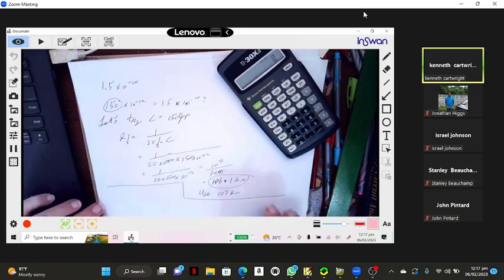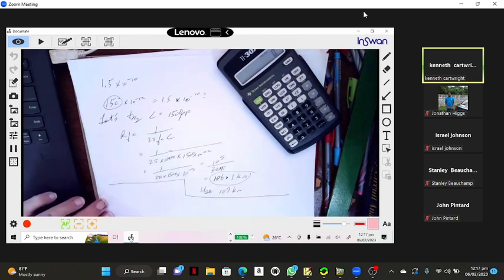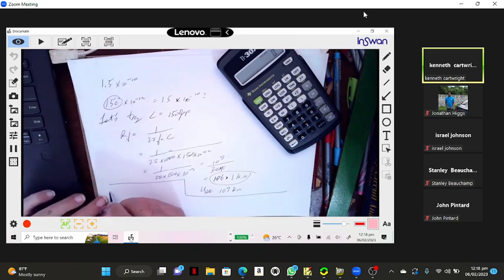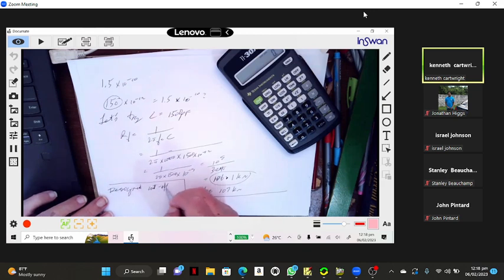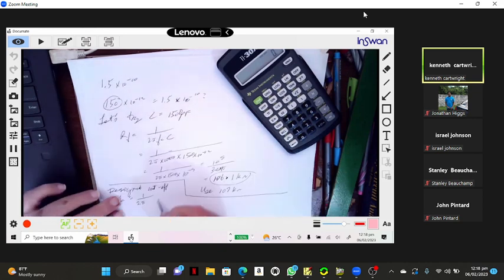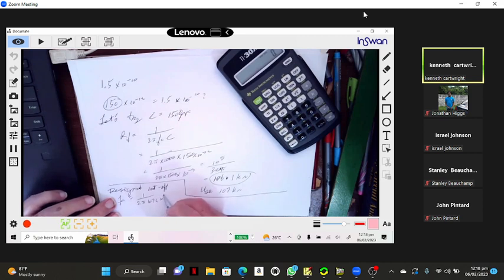So now let's find the designed cutoff frequency. One over 2 pi times 107 times 1500 picofarad. What is that equal to?